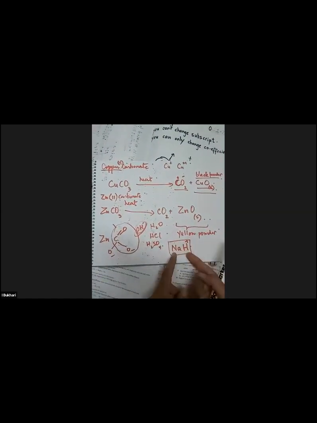So sodium is more electropositive. Electronegativity means affinity for electrons. So compared to sodium, hydrogen has a greater affinity for electrons. So this was very important for writing oxidation states.